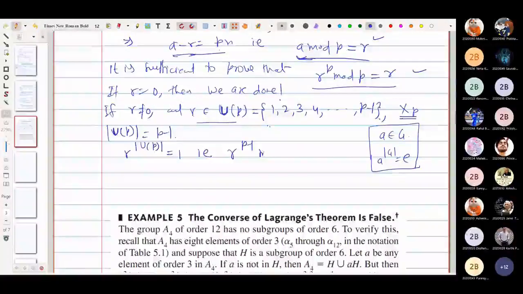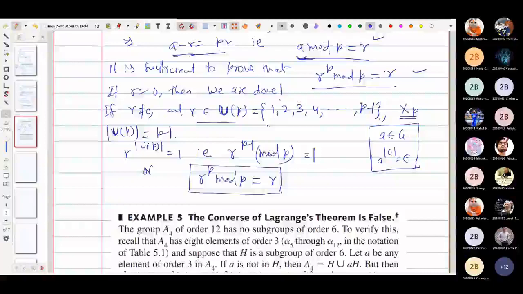This is modulo p, and this is equivalent to r to the power p modulo p equals r. Fine. So this is the proof of this result.